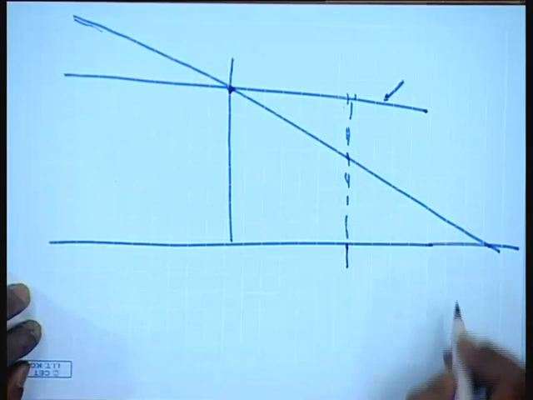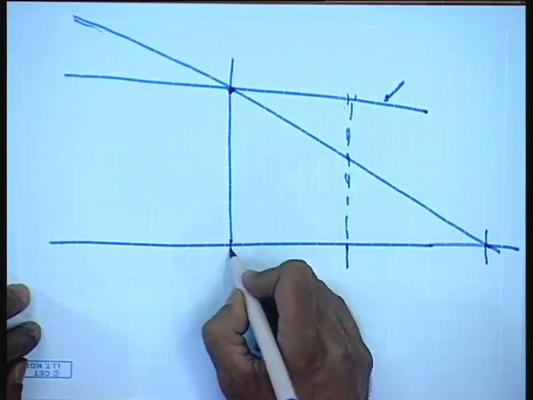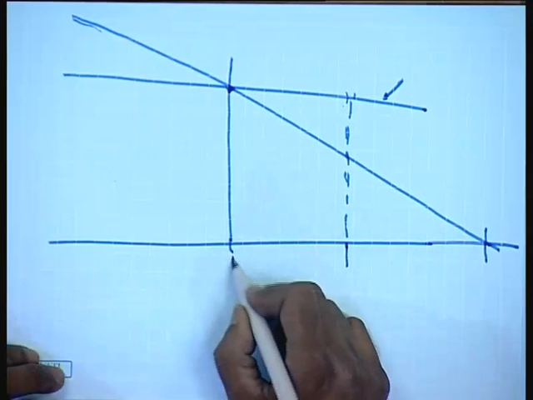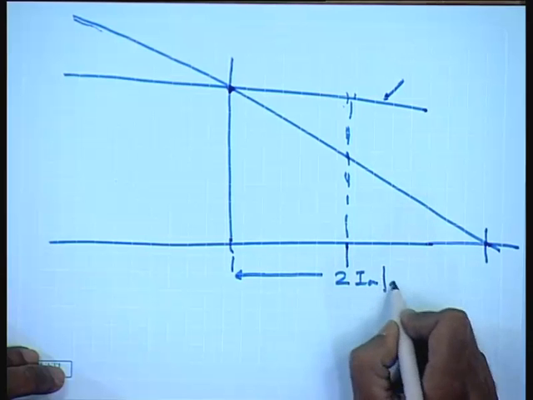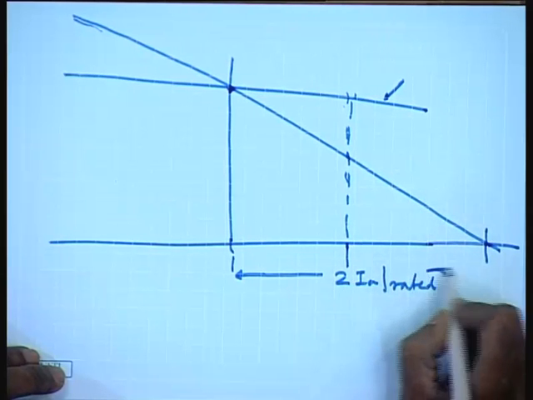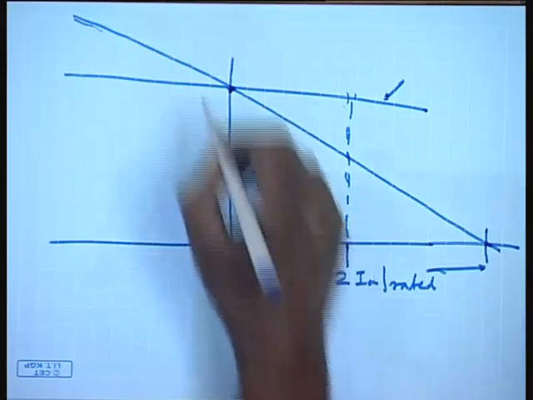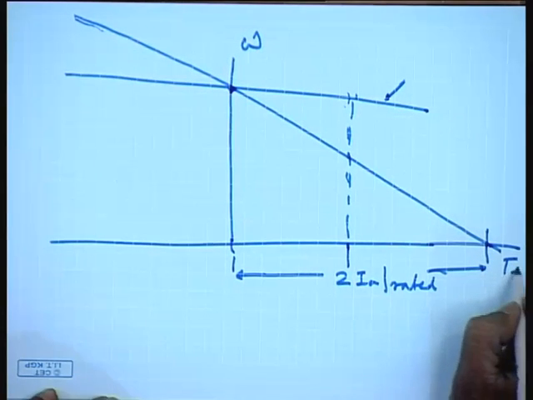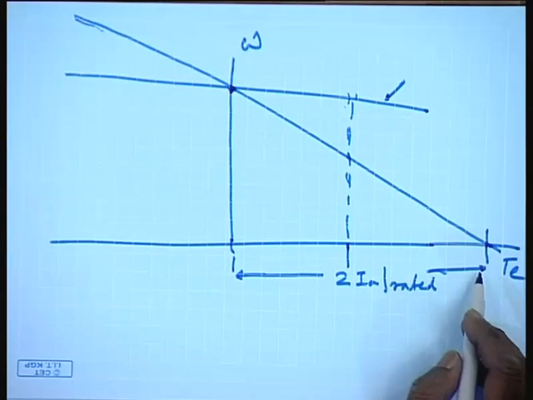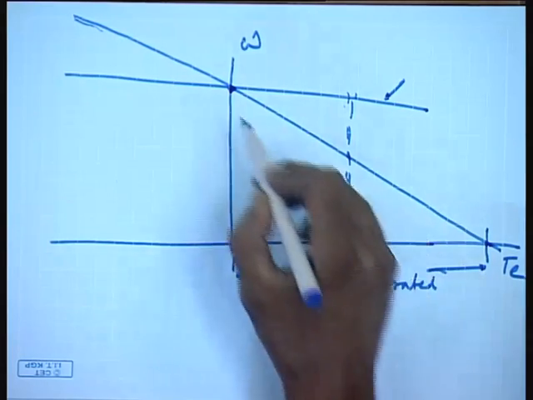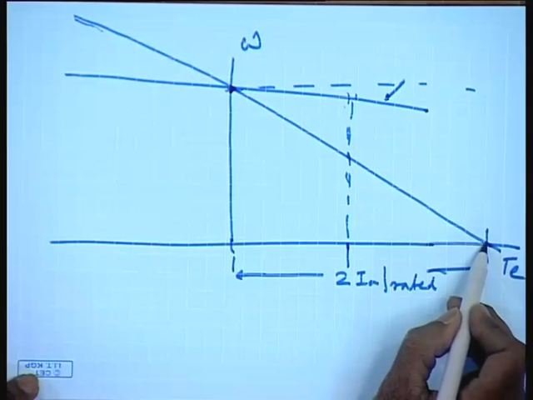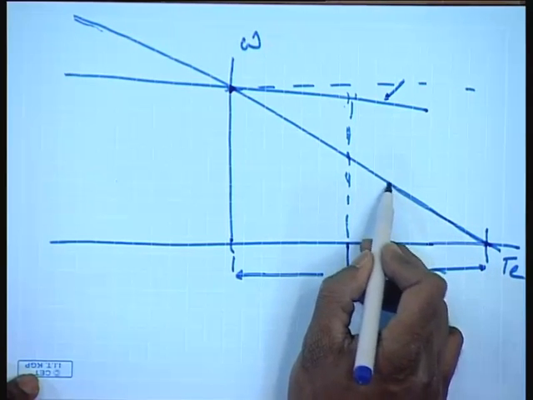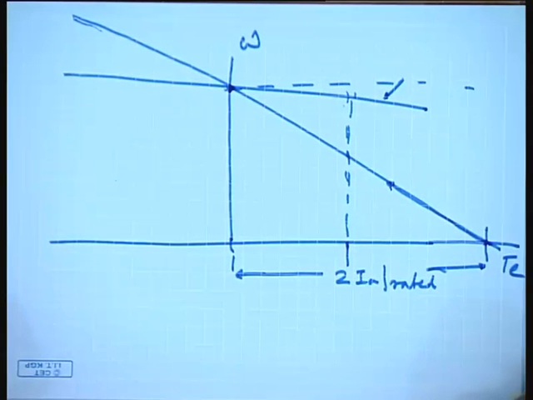But then we see that although at start the motor draws 2 times rated current, as the speed of the motor increases, the operating point moves along this line.